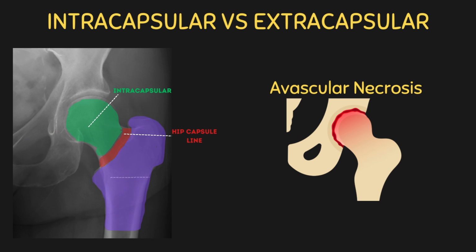It makes perfect sense to then assume that all fractures occurring outside of the hip capsule, i.e. more distally to the intertrochanteric line, are classified as extracapsular hip fractures. This would be all fractures occurring within the purple shaded area. Fractures occurring more distally to the purple area would be classified as femoral shaft fractures, and we will cover these in another video.